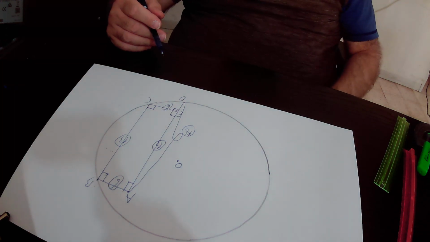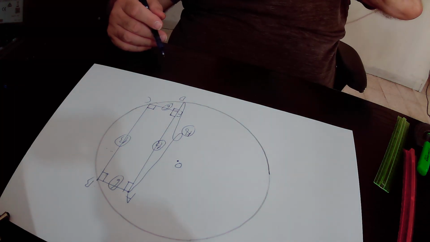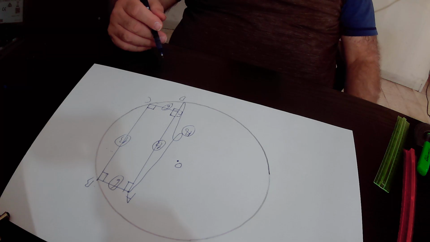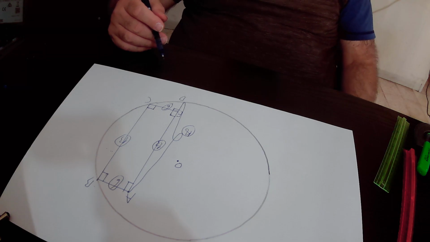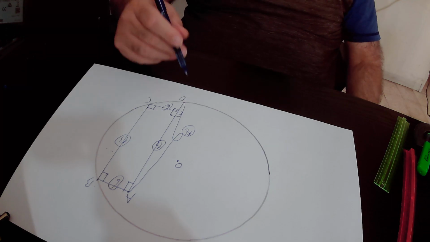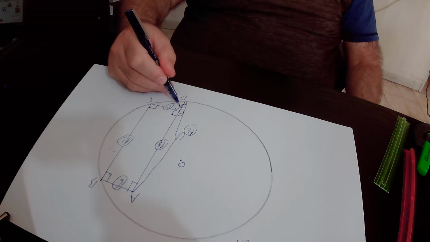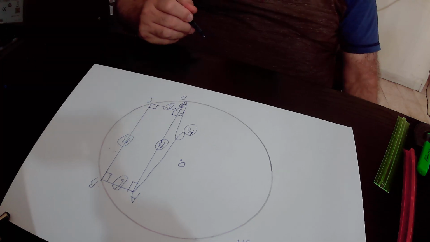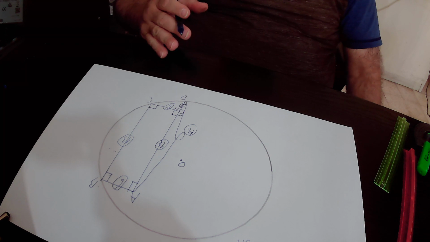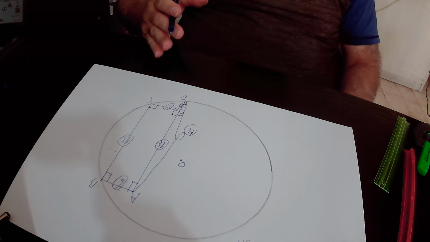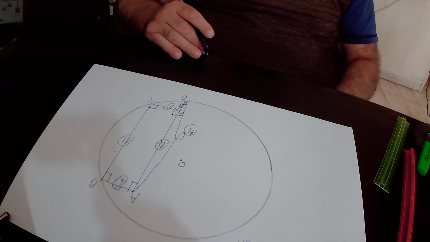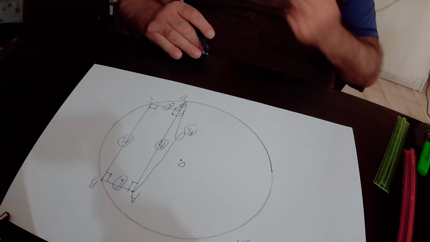AD is 18 units, AE is 13, so AD minus AE is 18 minus 13, that is 5. So we have already done those things in the first method. From now on, we continue with the second method.